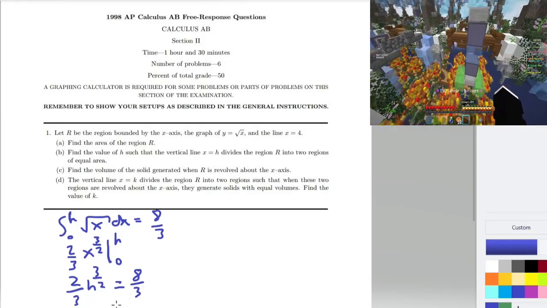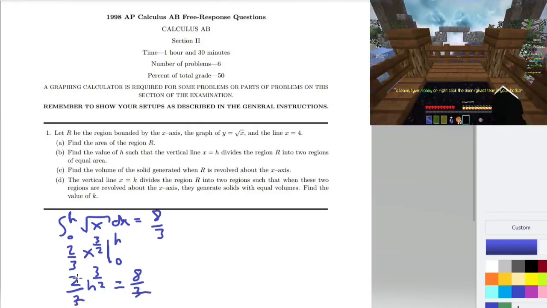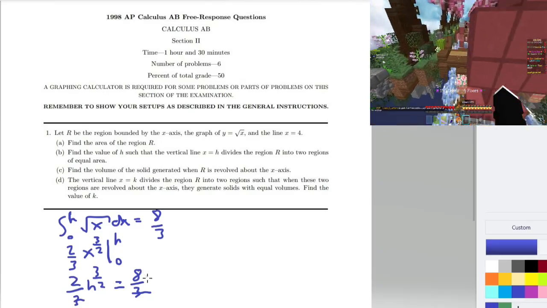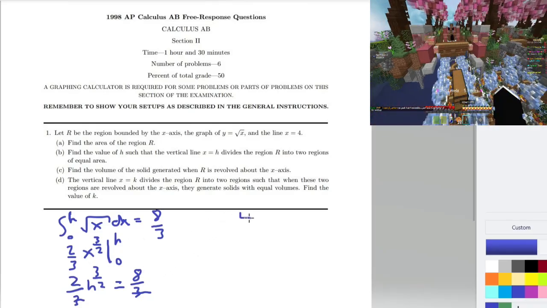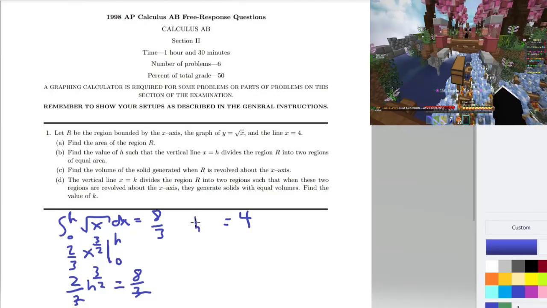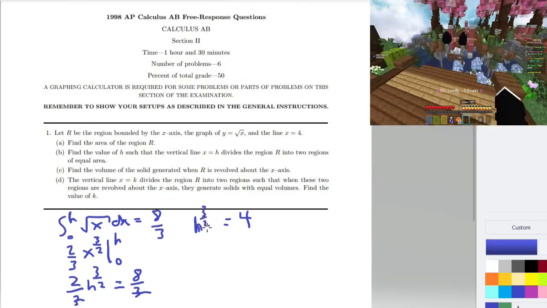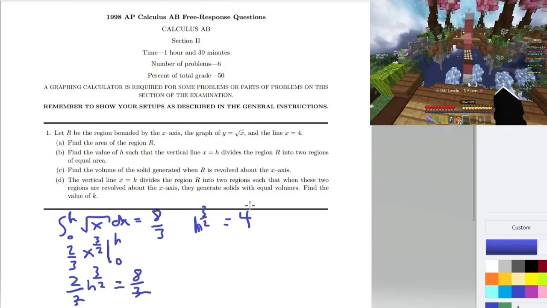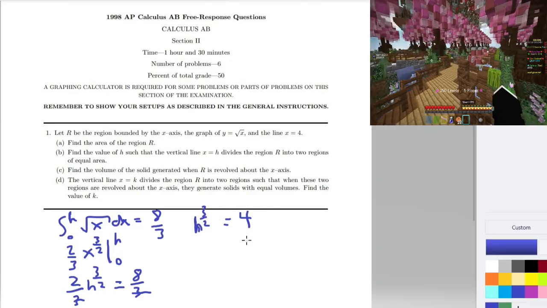So we multiply 3 over, it's going to end up canceling out, and then we divide, that becomes 4. So we have 4 is equal to h to the power of 3/2, and what we can do from there is square it to get rid of the 1/2. So then that's 16.